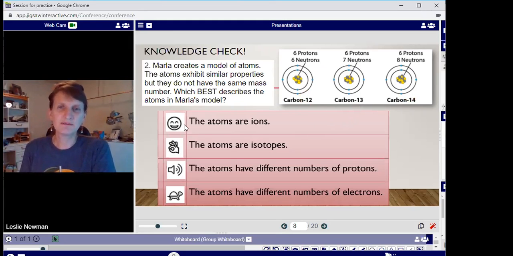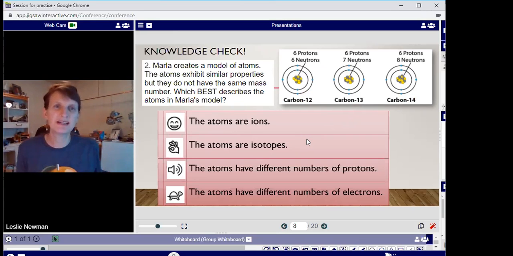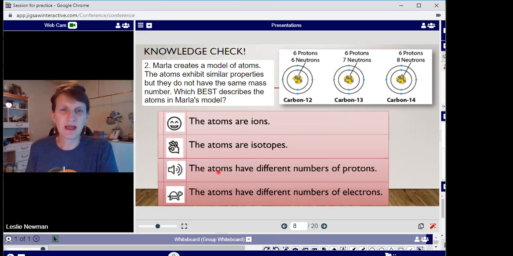So which of these best describes the atoms in Marla's model? The way I looked at this one is by eliminating answers, because if you have no idea, you want to eliminate answers. Look at this one: the atoms have different numbers of protons. I can see very easily up here that they all have 6 protons, so I can eliminate that one right away.